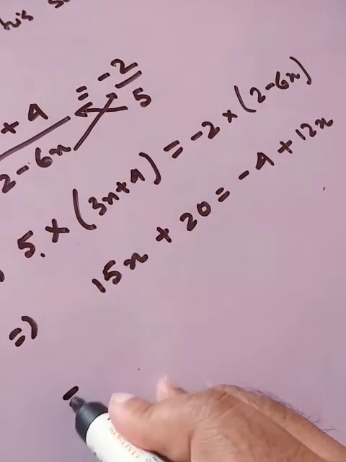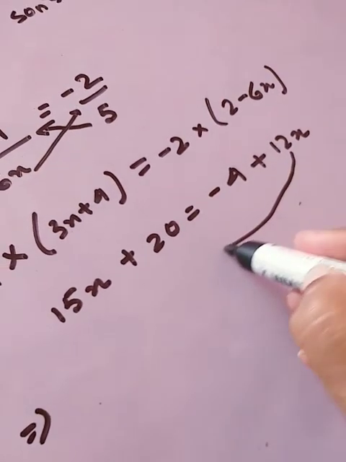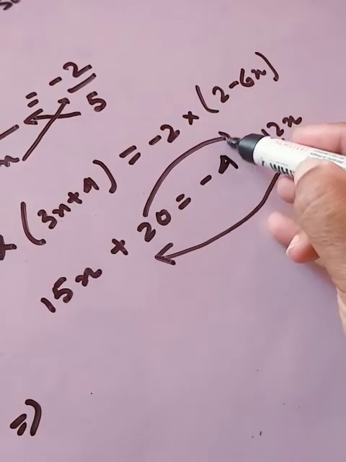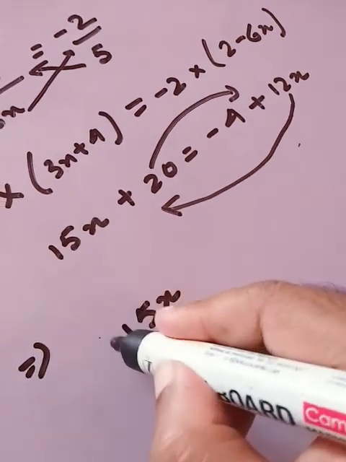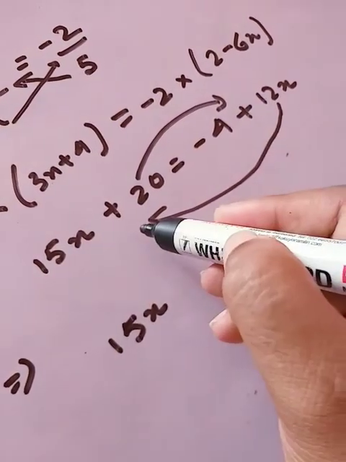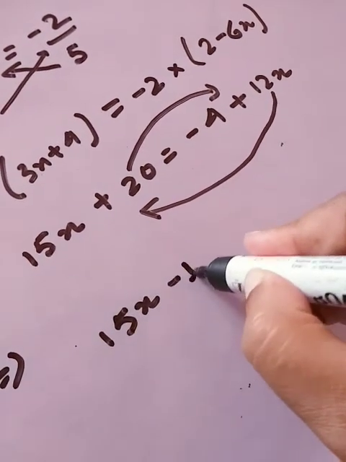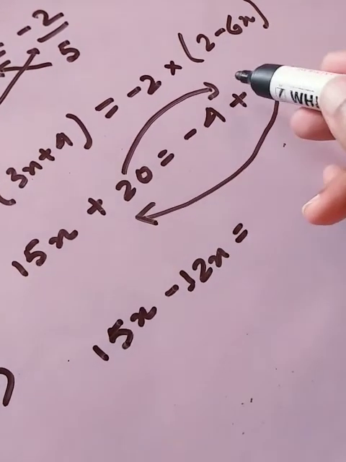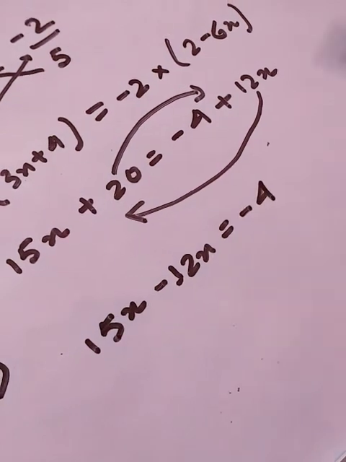Now what we have to do? What I said is that you have to keep all the variable terms towards the left hand side and take all the constant terms towards the right hand side. But before that, you need to write the terms which are already present on the left hand side. That is 15x. Now you will bring this to the left hand side. It was carrying plus, now it will become minus 12x. Before you take plus 20 to the other side, you should write all the constant terms which are already there on the right hand side.